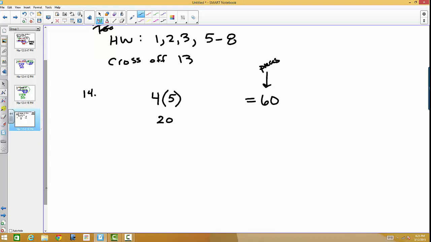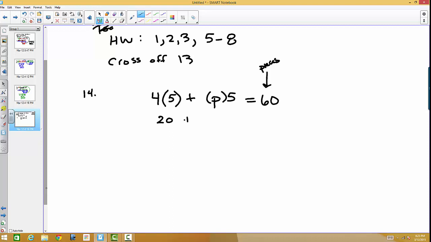And then it says there's 60 total, so I need to know how many other pies were sold that were cut into 5 pieces. So 4 pies at 5 pieces plus who knows how many pies at 5 pieces equals 60 pieces total.